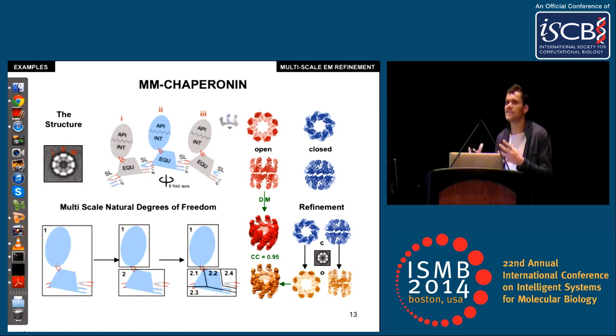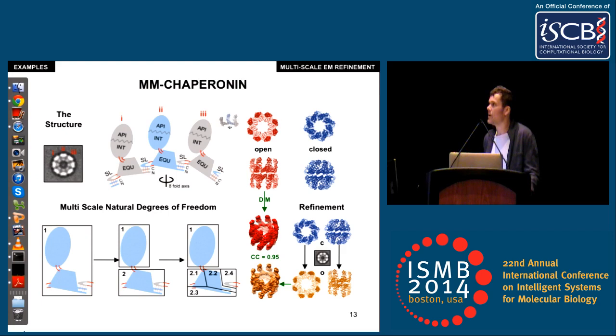And this is a very good benchmark system to test the multi-scale nature of these natural degrees of freedom, because you could start with the highest coarse-grained degrees of freedom, moving each unit independently, then the domains within the units, then different structural segments within domains, and so on.